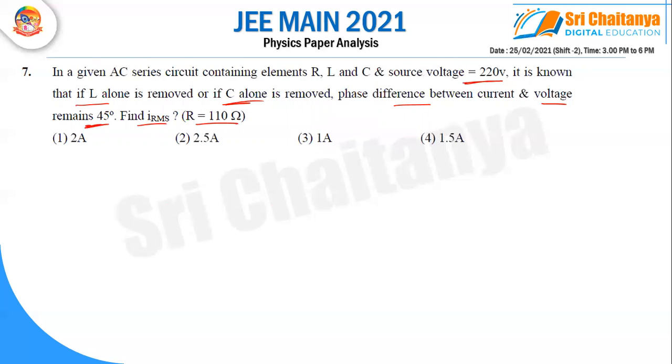Since with C alone removed or L alone removed the phase angle remains constant, this is a resonance circuit. For resonance, I_RMS is V_RMS by impedance, and that is 110 I need to take. So this will be 220 by 110, and I'm going to get 2 amperes.